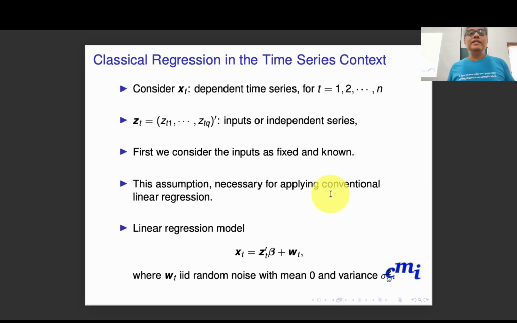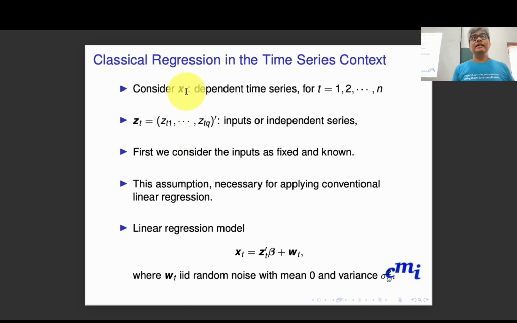So now XT is a dependent time series, and ZT1, ZT2, ..., ZTq are inputs at the same time points. Essentially you have a data set of dimension q plus 1. Your response series is XT. At the t-th time point you have small xt.